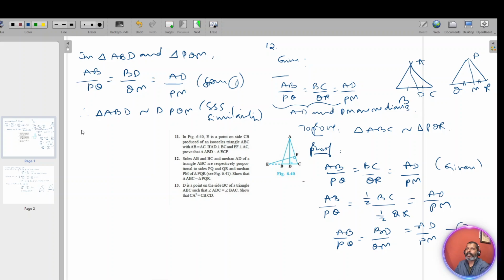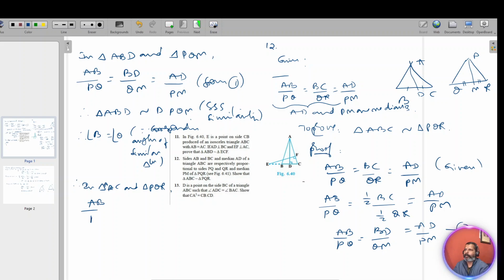Just like congruency, we take B equal to Q. B equal to Q, we write the reason, corresponding angles of similar triangles.